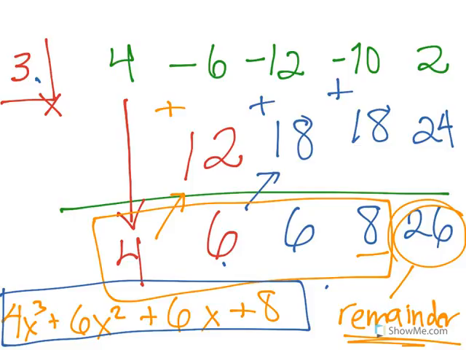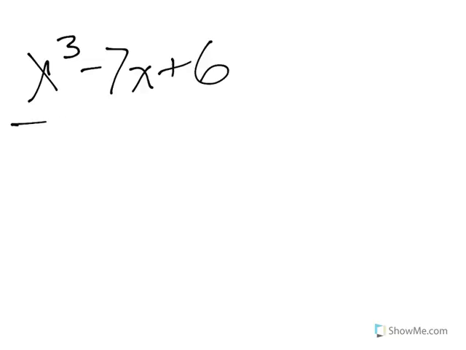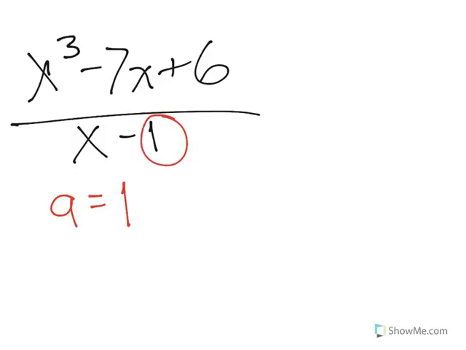Just to make sure, we will do the synthetic division for the polynomial that we used for the long division to make sure that we get the same answer. As you might recall, we had x cubed minus 7x plus 6 divided by x minus 1. So a is equal to 1 right here.